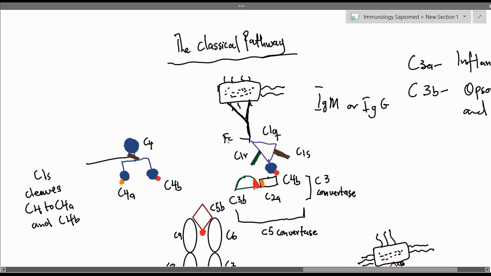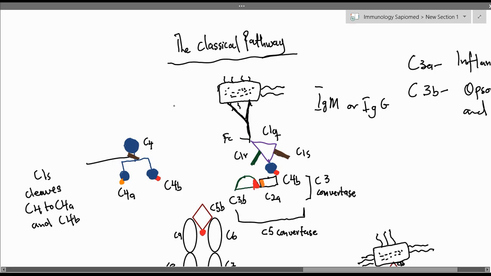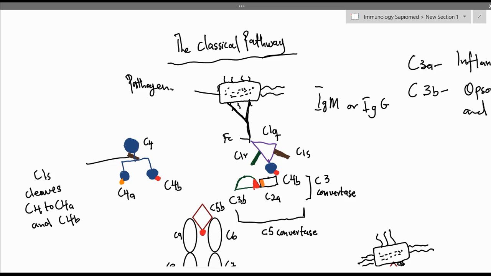And you realize that the IgG has already bound to the pathogen. So here is our pathogen. So the first complement protein C1 binds to the antibody that has already bound to the pathogen.